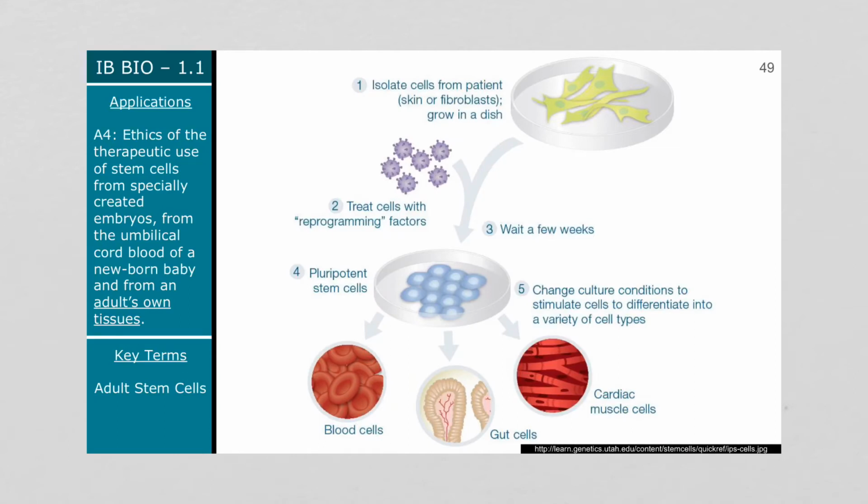The way this works is they're isolated from the patient. So you try to find the stem cells, isolate them from the patient, then in a petri dish, meaning in vitro. In vivo is in living things, in vitro is in test tubes or petri dishes. Then you treat the cell with the growth factors that help to determine what the cell will become, and hopefully from there be able to alter the conditions of the culture.